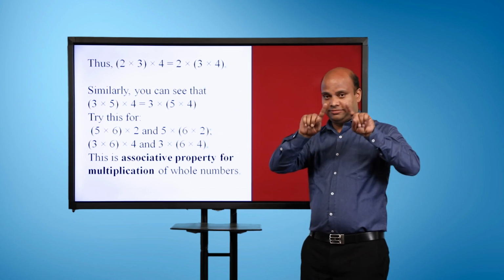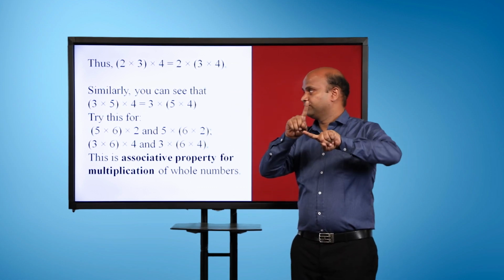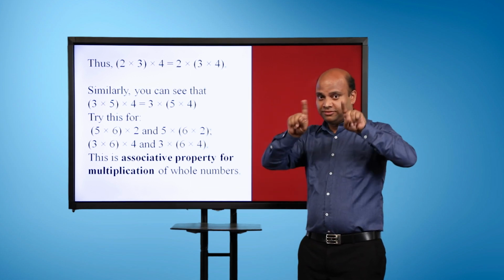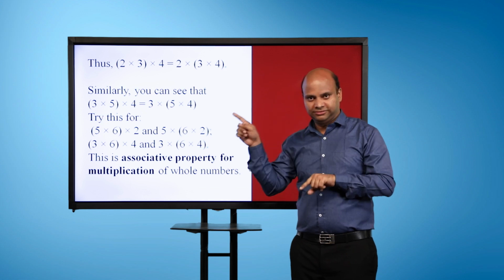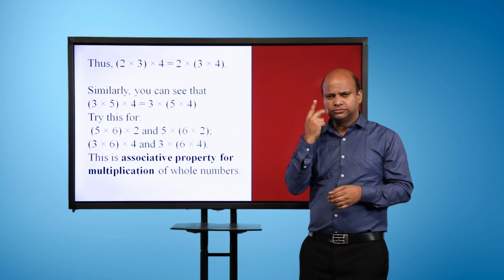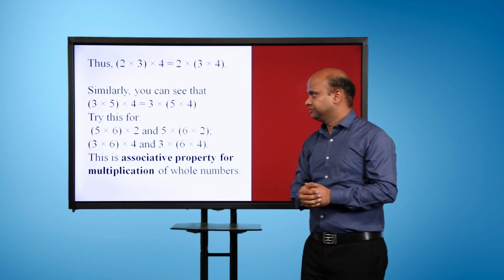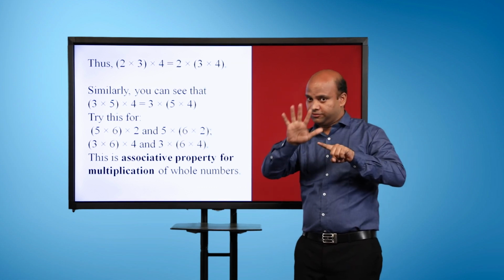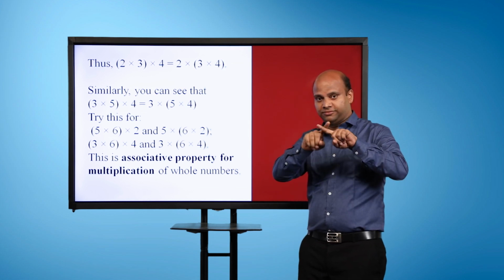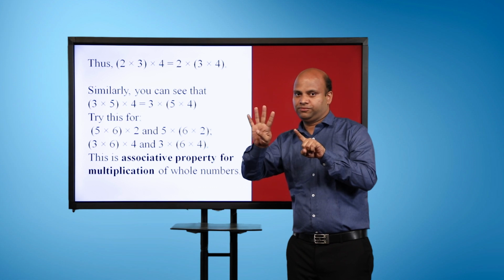Thus, in brackets, 2 multiplied by 3 multiplied by 4 is equal to 2 multiplied by, in brackets, 3 multiplied by 4. Similarly, you can see that in brackets, 3 multiplied by 5 multiplied by 4 is equal to 3 multiplied by, in brackets, 5 multiplied by 4.